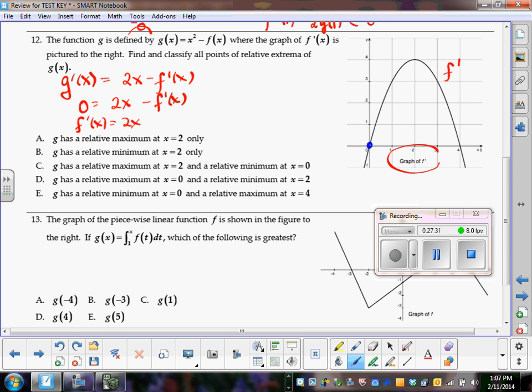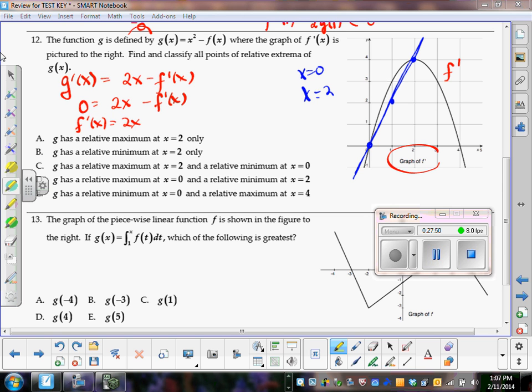Graphically, that means that the f prime of x graph has to equal the y equals 2x graph. So that happens at x equals 0 and at x equals 2. Now, if we go back to consider the g prime graph, it's the blue line minus the curve. For this part, blue line minus curve is positive.